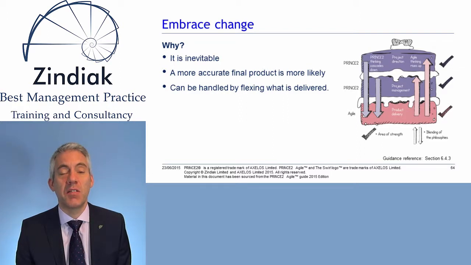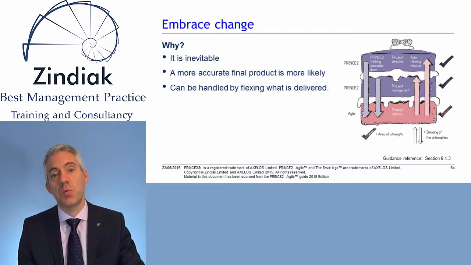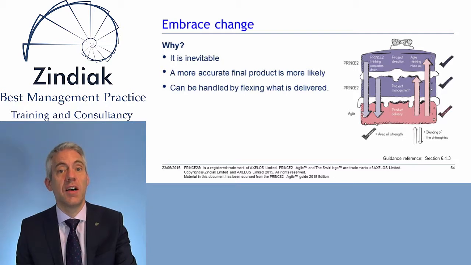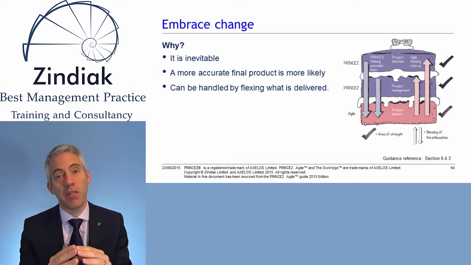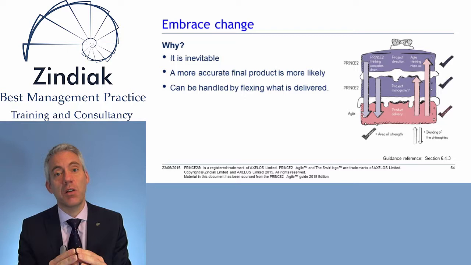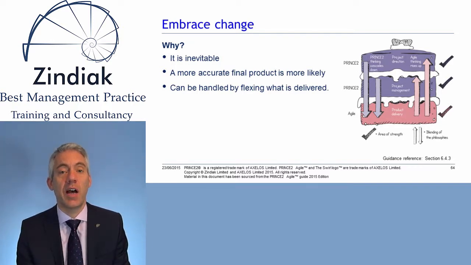So, as in standard PRINCE2, we manage in stages. We don't try and plan the whole project, and really what we're saying is we don't try and plan the whole product at the beginning. We refine. So we have a product description, we break it down with a work breakdown structure, we define our products, but we embrace the change that we can refine the detail as we go along, and maybe even need to refine and change the product if necessary.